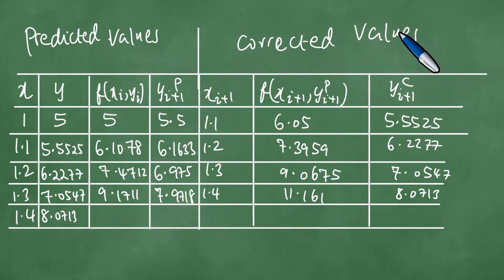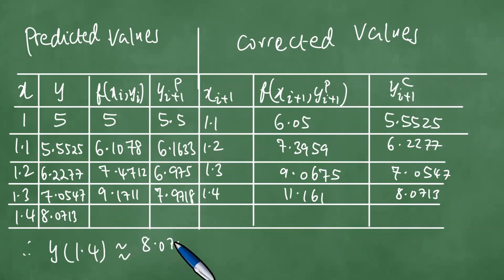Like so. Right, with that said, the conclusion therefore is y at 1.4 is approximately this value that sits here, 8.073. And that is what we got. So it's something to look at.